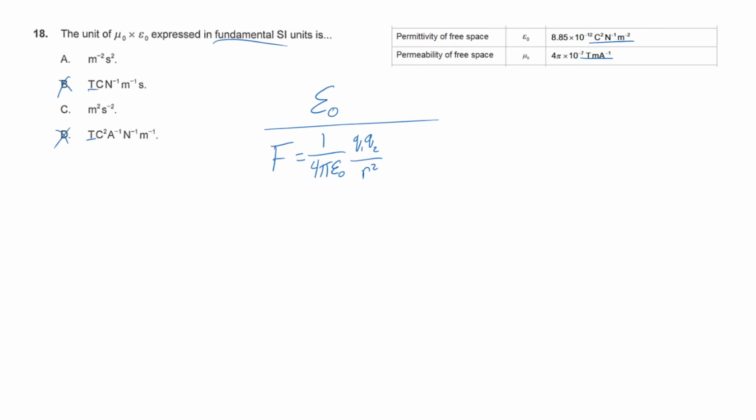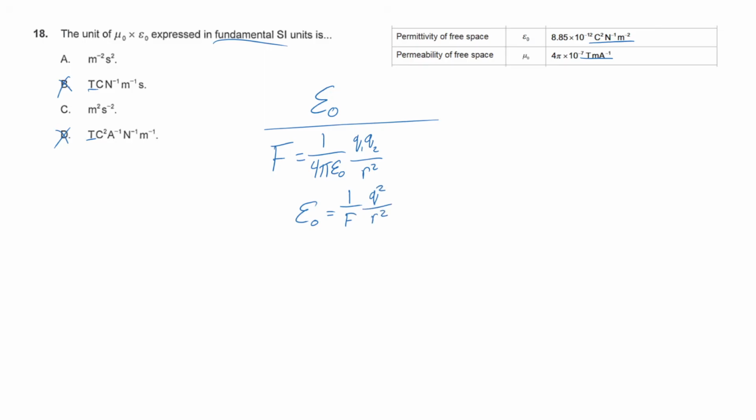And since we're trying to find the units, let's solve for epsilon naught. Epsilon naught will be equal to 1 divided by F times Q squared divided by r squared.